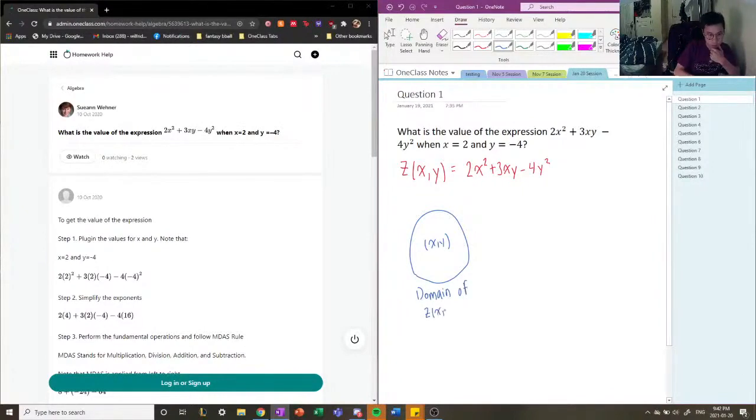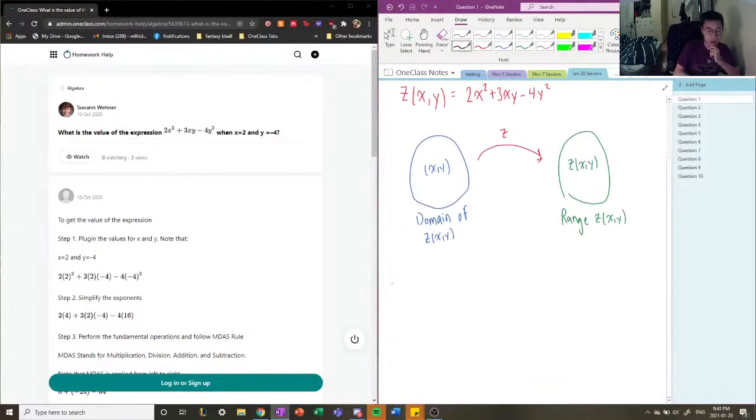So if we have a pool of values of x, y, which we call our domain, and a pool of values called our range of z of x, y, where there are values that are mapped of x, y to z of x, y, then our function here connects our two pools of values. So when they're giving us a value of x and y, such as x equals 2 and y equals negative 4, they want us to evaluate what this pair maps to in our range. So that's what we're going to do in this question here.